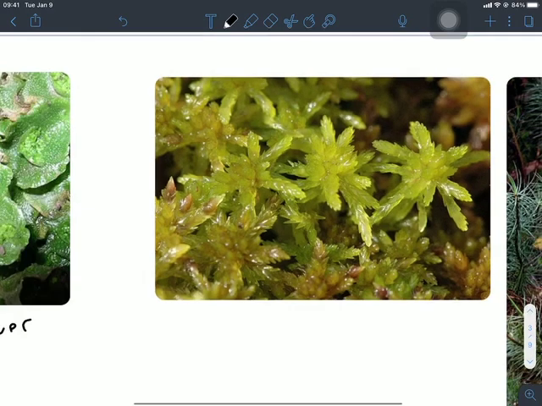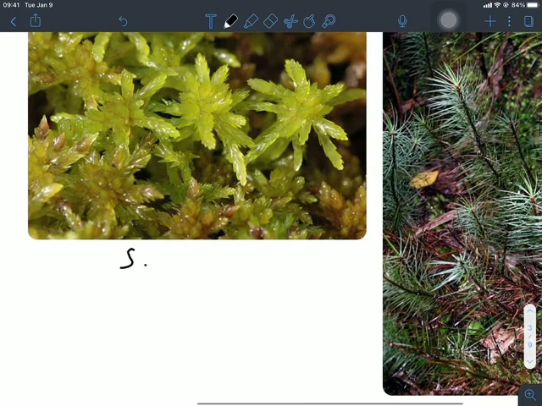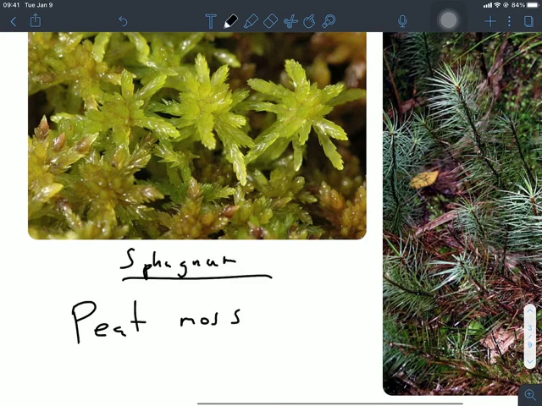We also have a couple of cool facts about our mosses. So here we have two different mosses. The first is sphagnum, maybe better known as peat moss. It's an incredibly diverse lineage of mosses. There are something like 300 different species of sphagnum on planet Earth, 380 approximately.